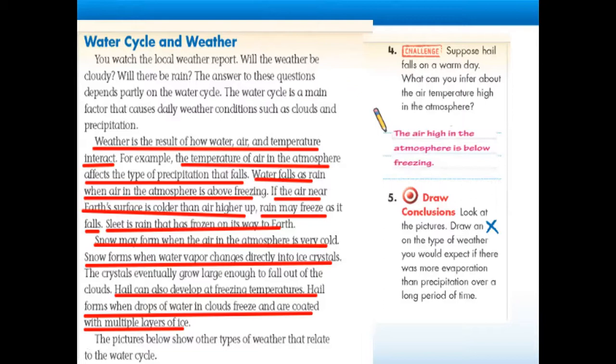Now look at the picture down here. Now I will put it for you. Draw an X on the type of weather you would expect if there was more evaporation than precipitation over a long time.